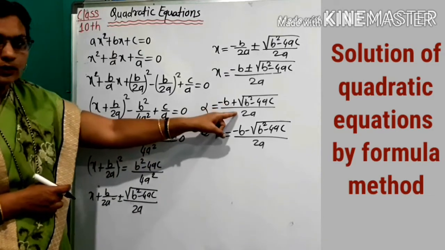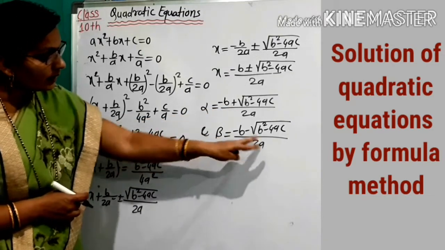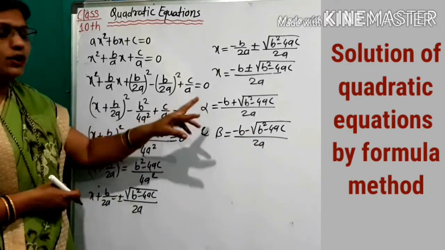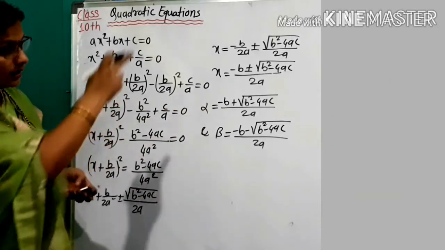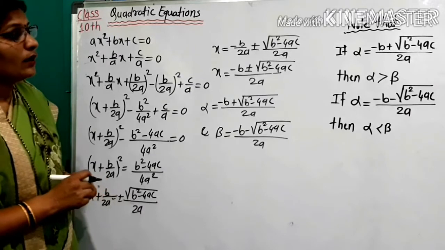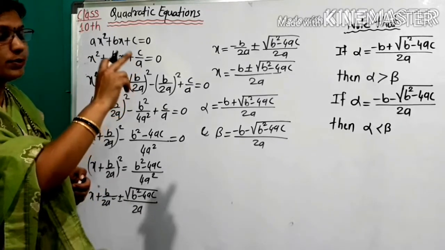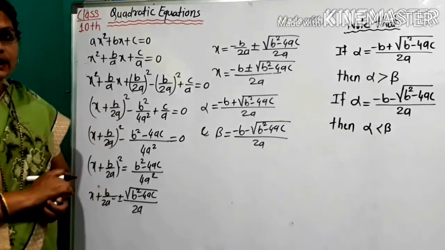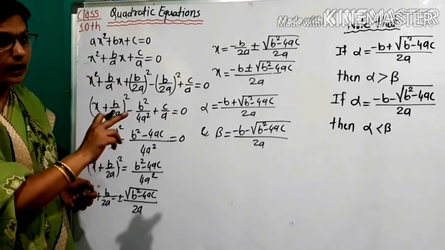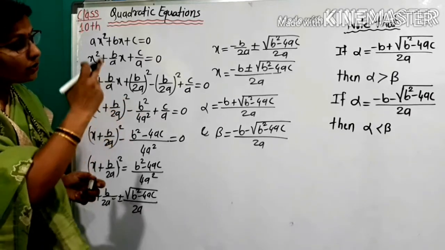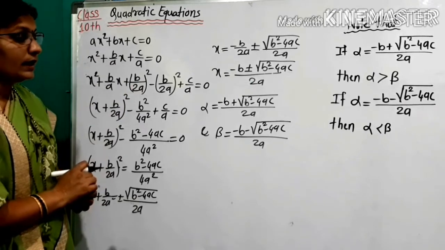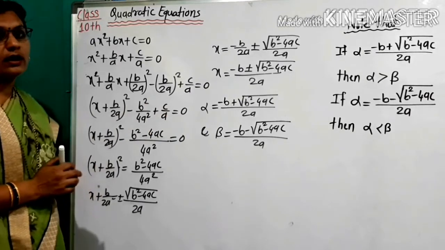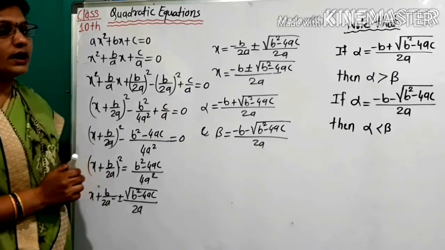But note that if I interchange the values of alpha and beta, then if alpha is minus b plus root b square minus 4ac upon 2a, alpha is greater than beta. And if alpha is minus b minus root b square minus 4ac upon 2a, then alpha is less than beta. By using this formula, we find the roots of a quadratic equation.